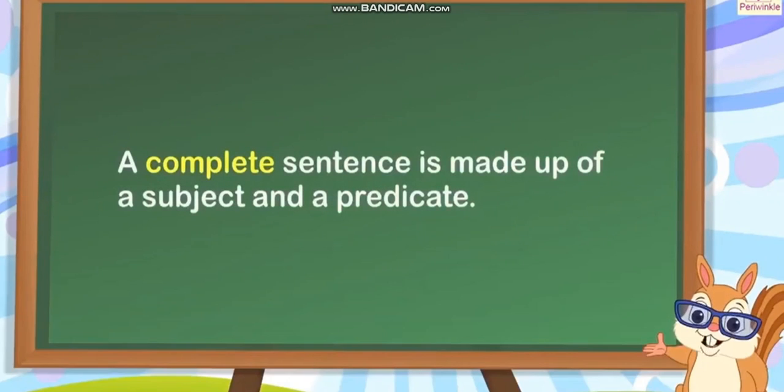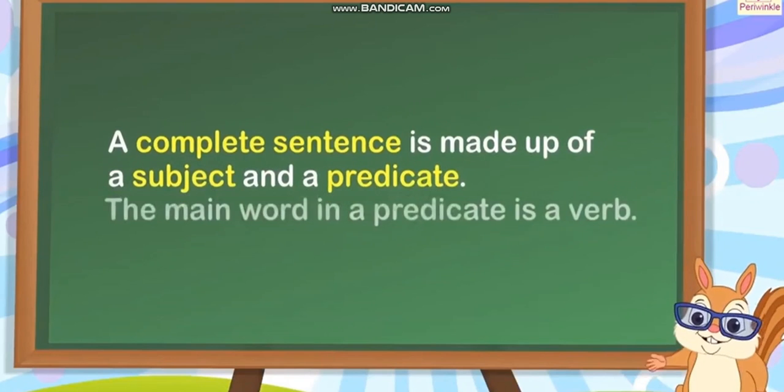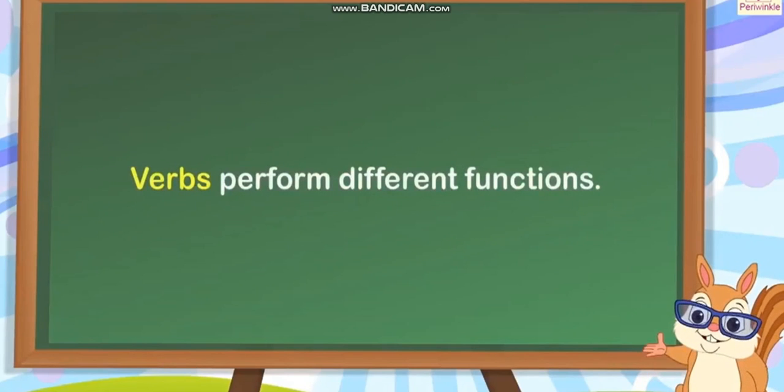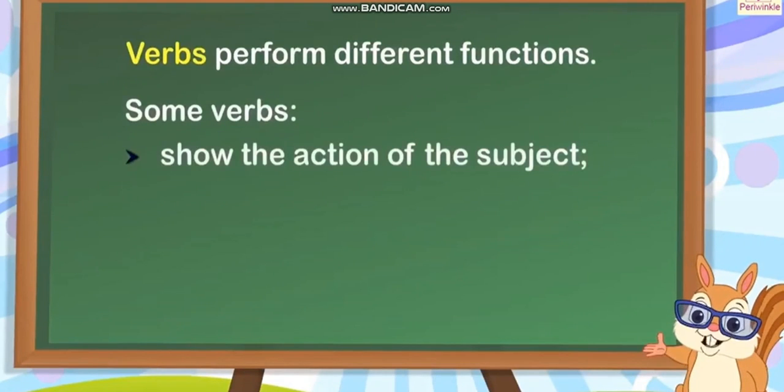A complete sentence is made up of a subject and a predicate. The main word in a predicate is a verb. Verbs perform different functions. Some verbs show the action of the subject.